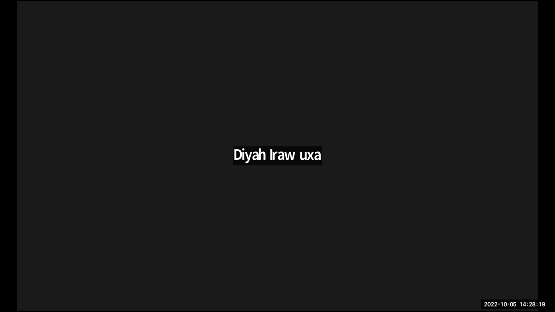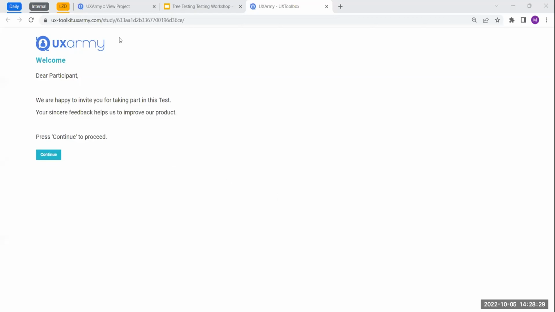Or everyone can also test it out using that link. Okay, if everyone can see my screen, I will go ahead and show what the test looks like from the tester's perspective.